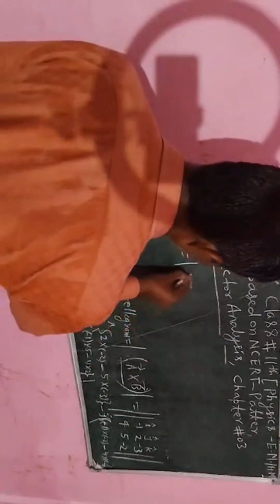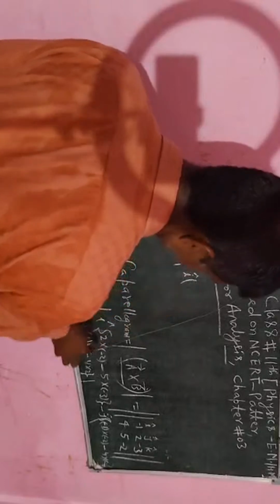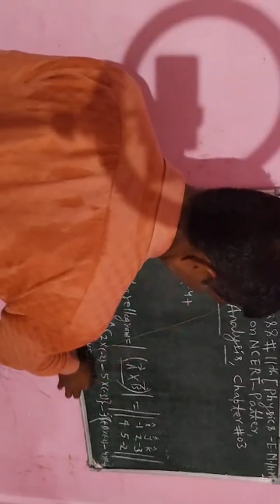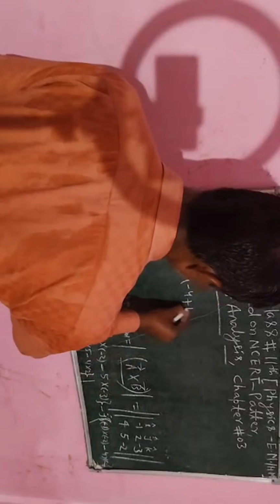I will write vector i cap in the bracket: 2 into minus 2 will be minus 4, and minus into minus is plus, so 5 into 3 is 15.